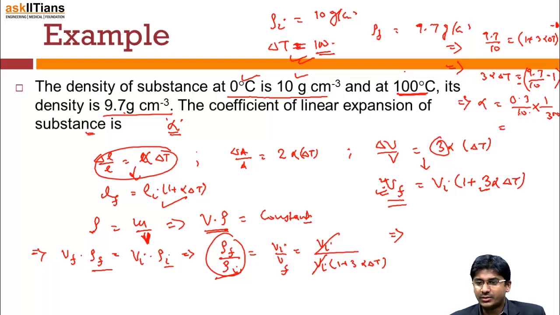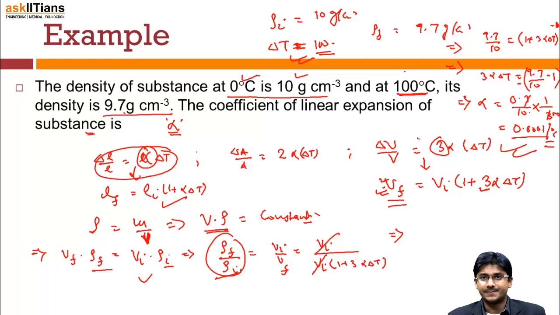Now when you cancel these values, this 3 cancels with this, and you have 0.0001. The unit of alpha is per degree Celsius. So this is the value of alpha. You simply use this relation, put the values, and get the answer.